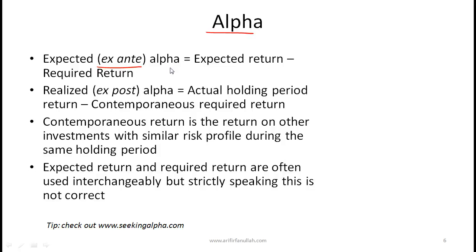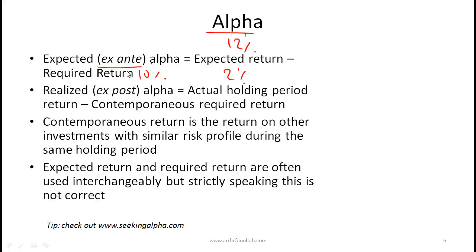So the expected alpha is your expected return on a stock. Let's say that you expect a return of 12%, but given the beta of that stock, the required return is 10%. That means that the expected alpha is 2%. Versus what's called a realized or ex post alpha. Anybody can have a high expected alpha.